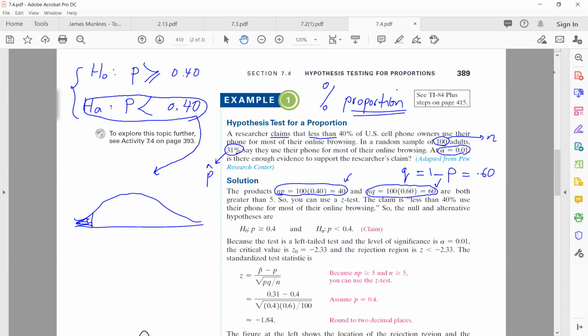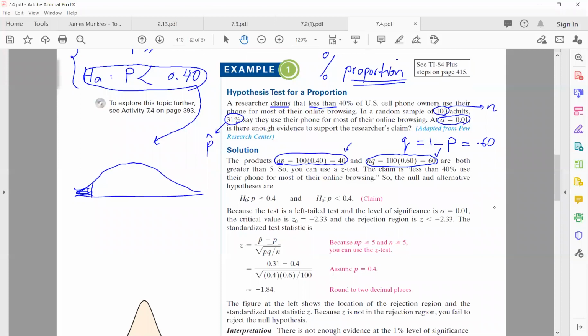Now we can move on to use the z-test. First of all, we're going to use our z-table to find the critical value. Alpha is 1%, and we have a left-hand graph.